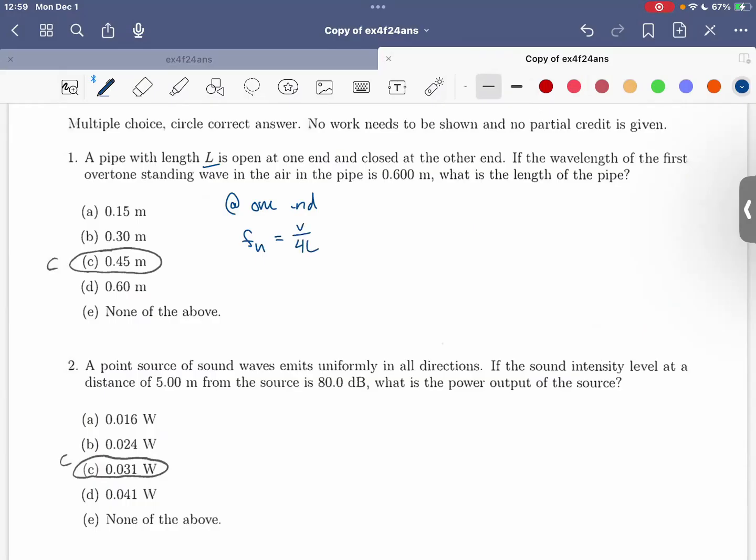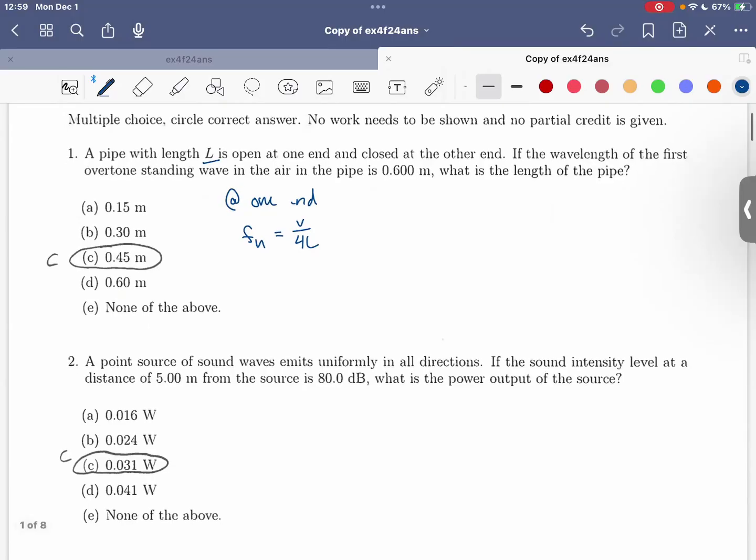The wavelength of the first overtone standing wave in the air in the pipe is 0.6 meters. So instead of a given frequency, we're given a wavelength, 0.6 meters. And we're asked what is the length of the pipe.